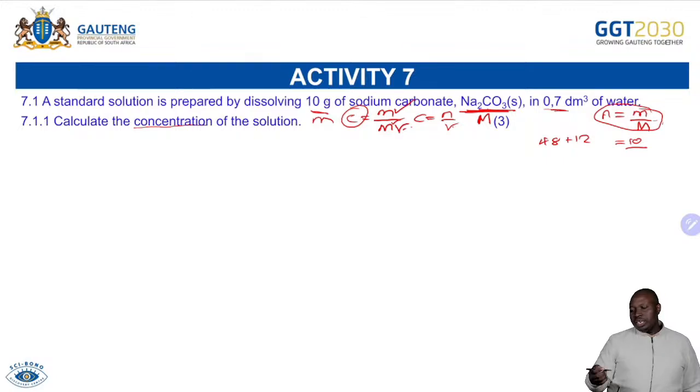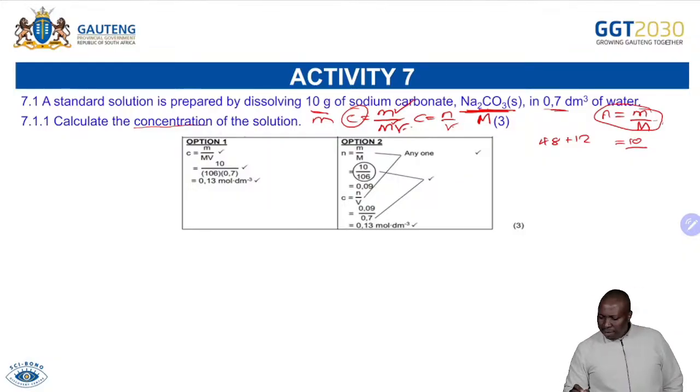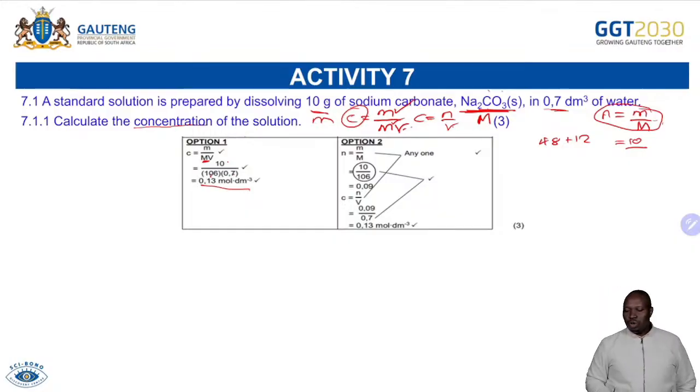But when you have understanding, you can go straight to that formula and do your calculation with no problem. The molar mass was 48 plus 12 plus that, and the molar mass was 106. So look, it's the importance of using a calculator. 10 divided by the molar mass of sodium carbonate, which is 106, times 0.7, and you get your concentration, which is 0.13.